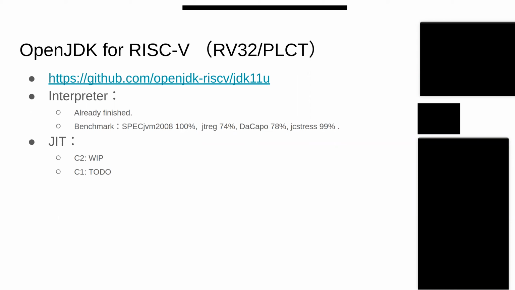Here is our project repo on GitHub. We have added RISC-V 32-bit support to it, and the interpreter is already finished. We also ran some popular benchmarks, and the performance is similar to the earlier version of Vision JDK 11.